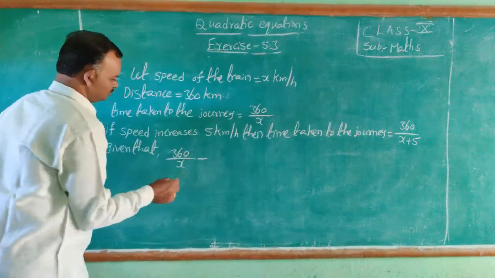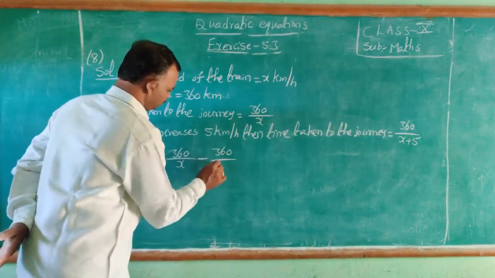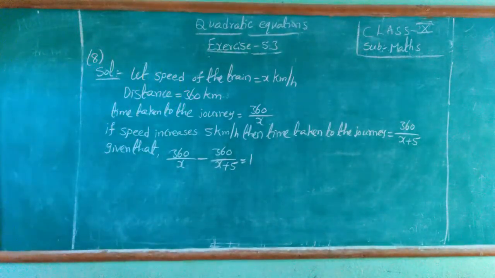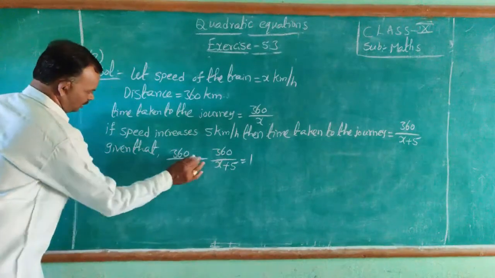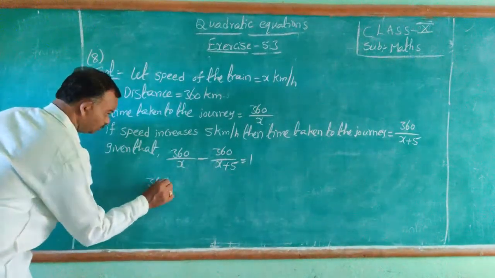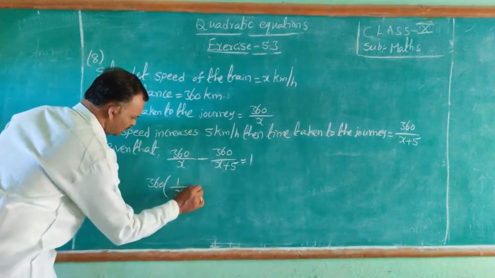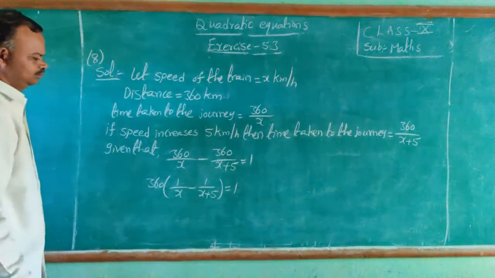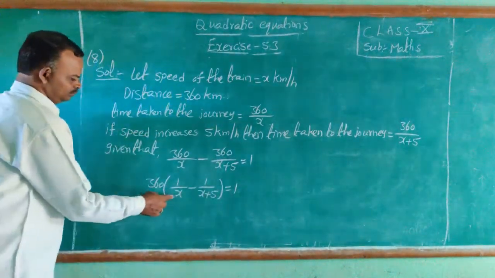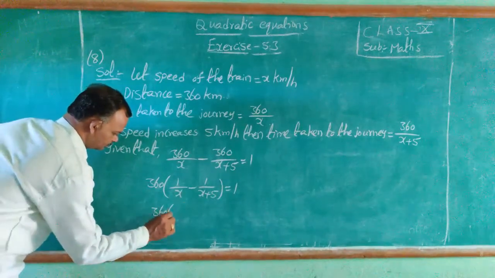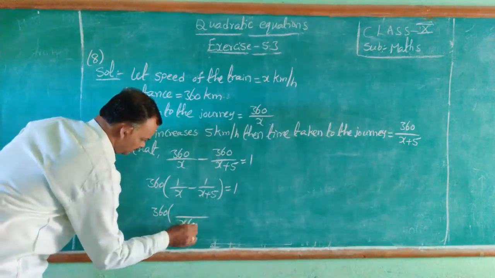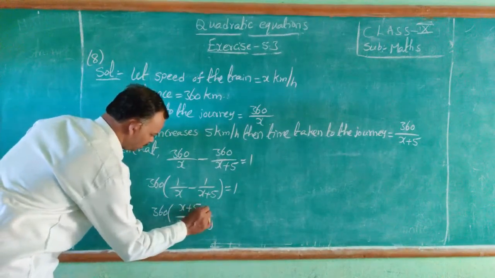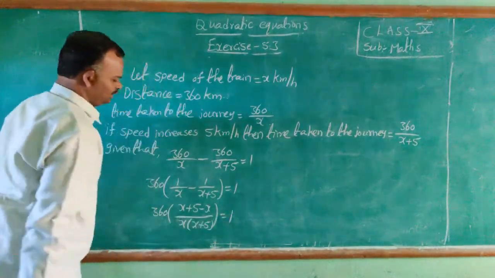360 by x minus 360 by x plus 5 is equal to 1 hour. We take 360 common. 360 into 1 by x minus 1 by x plus 5 is equal to 1. Take the LCM. 360 into x plus 5 minus x over x into x plus 5 is equal to 1.